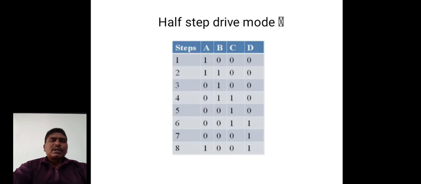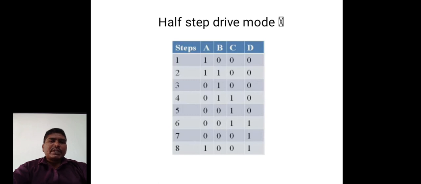That means in this mode, one and two coils are energized alternatively. First one coil is energized, then in the next step two coils are energized, then again one coil, then again two, and so on. So we have to repeat the same.